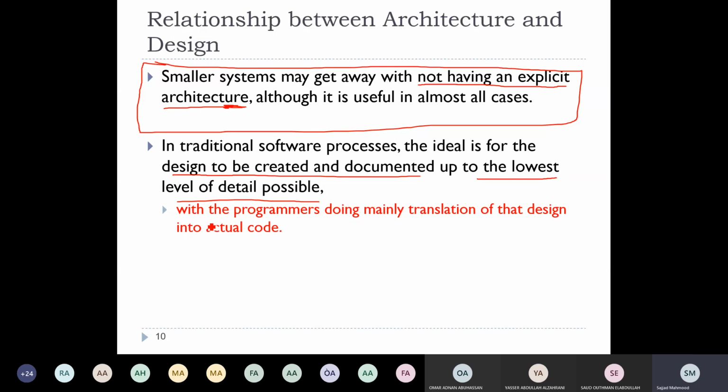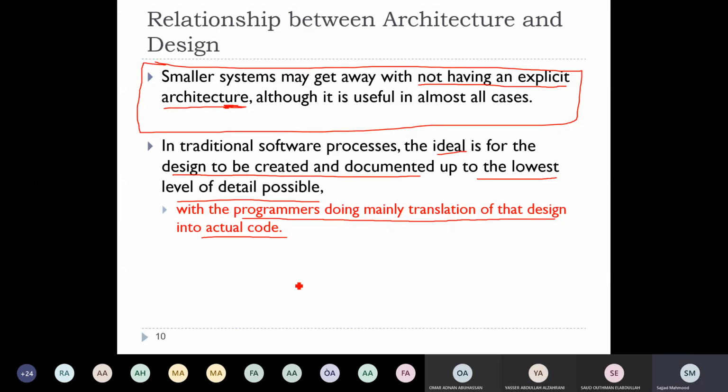And then at the end of the day, in a very ideal world, the programmers are only supposed to do what? The main job is to translate that design into actual code. All right. Now, this is a very ideal situation, correct?